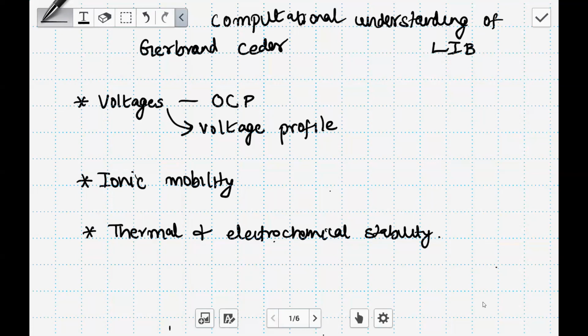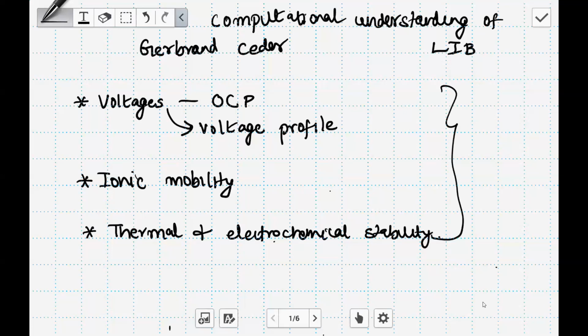Solar energy converts solar energy to electrical energy, but where do you store this energy, so that it's ready to use at a later point? Unless you address this issue of batteries, solar energy is not going to be very easy to be deployed in India, right? So fortunately, all these three questions can be addressed computationally.